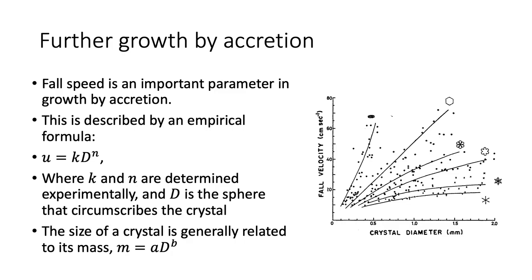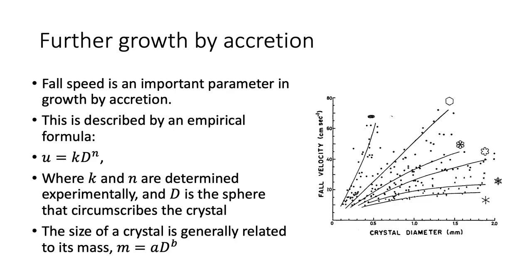Remember that at the beginning of the class, I suggested as a textbook also the Cloud Microphysics textbook by Pruppacher and Klett. There you can find more rigorous treatments of how this process could be treated. But essentially, people often resort to empirical formulas. Okay.